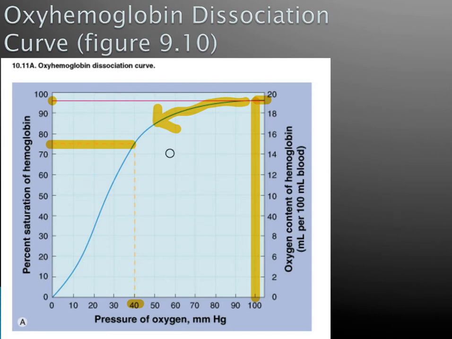What is the venous content of blood carrying oxygen in mils of oxygen per 100 mils of blood? Let's go over to the right-hand side axis, and that is about 15. So now the CVO2, the content of oxygen in venous blood, is about 15 milliliters of oxygen in 100 mils of blood. Now I'm going to ask you to calculate the AVO2 difference.